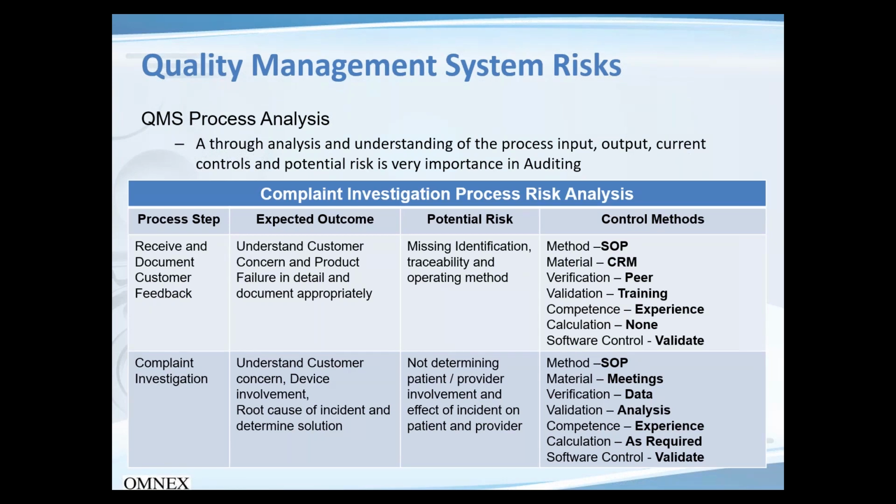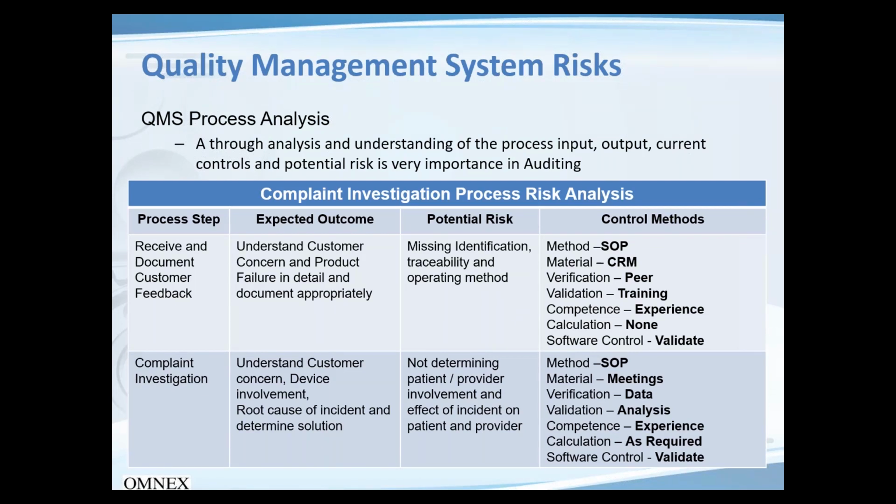Creating something like this, we could understand what the process is supposed to do: receive and document the customer feedback. Then what is the expected outcome: understand the customer concern and the product failure in detail, document everything, and also come up with a method of mitigating the risk and improving the process.